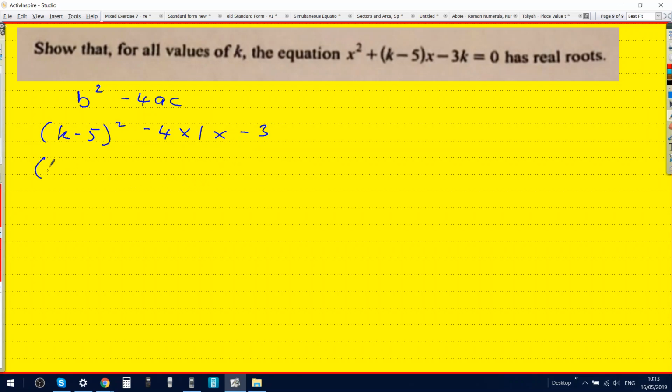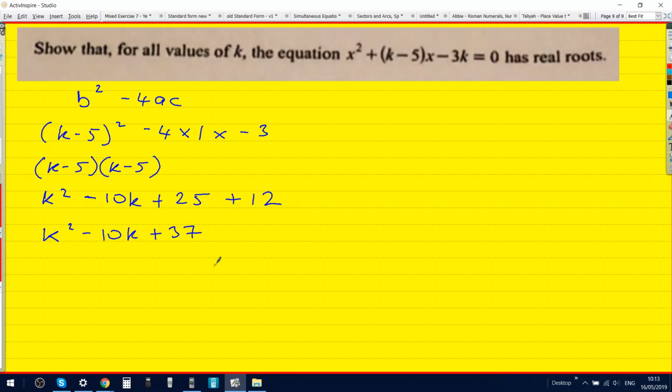And then I expanded the k minus 5 squared to get, was it k squared minus 10k plus 25. And then that times that is plus 12. Plus 27 altogether. Is it not plus 37? 37, yeah. Okay.